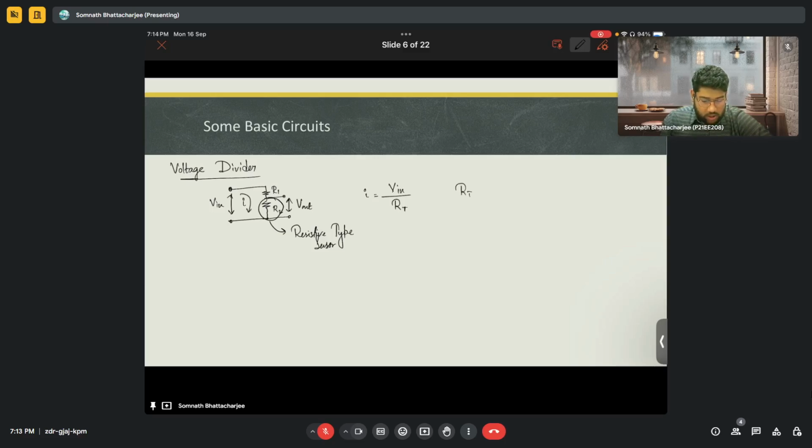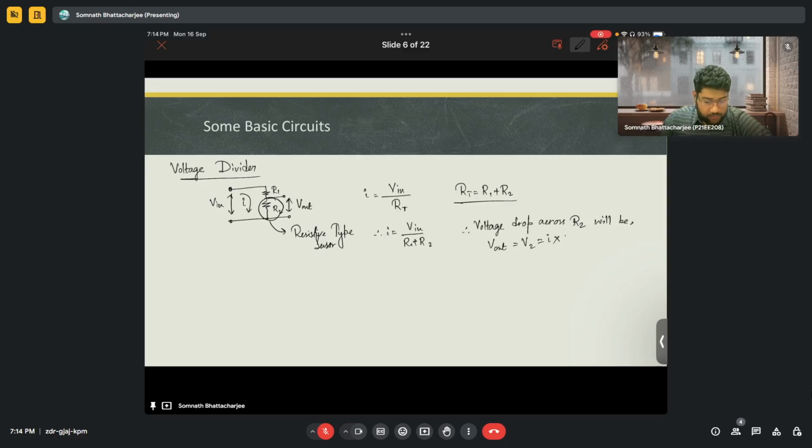So what is RT? RT is the total resistance of these two resistances. So I will be nothing but V in by R1 plus R2. To find out the voltage drop across these resistances, the voltage drop across R2 will be nothing but the current flowing through it, that is I, or let's say we need to find out the V out.